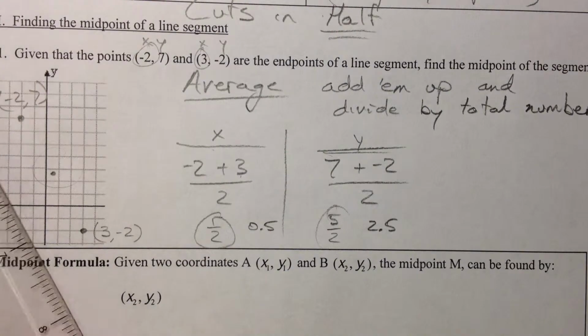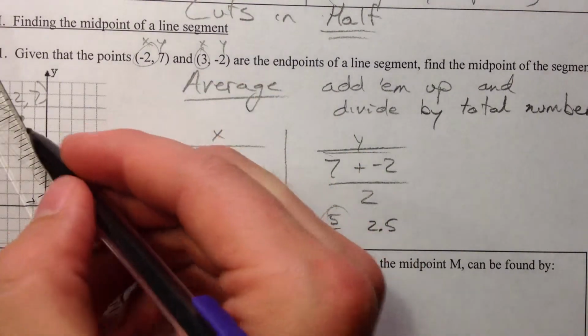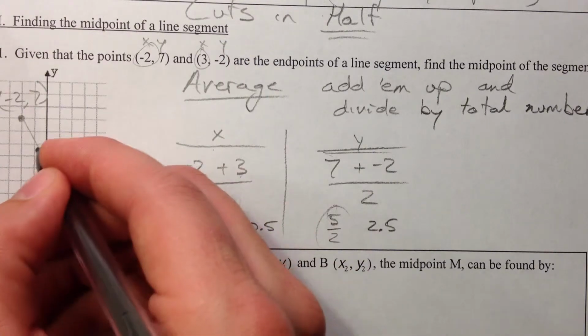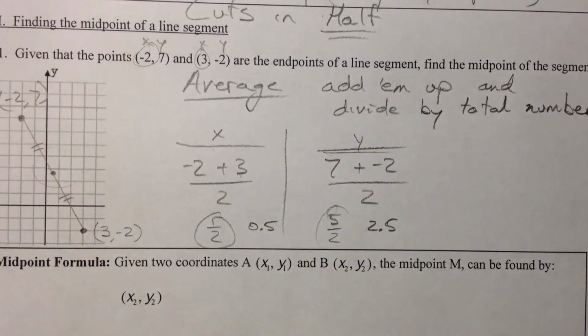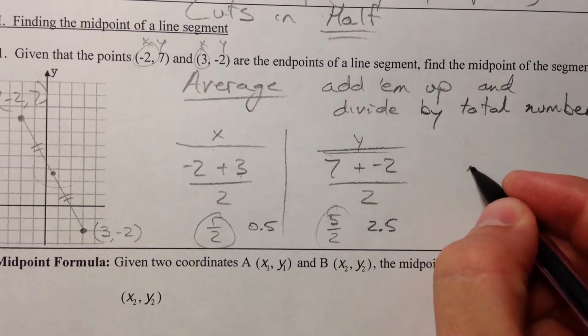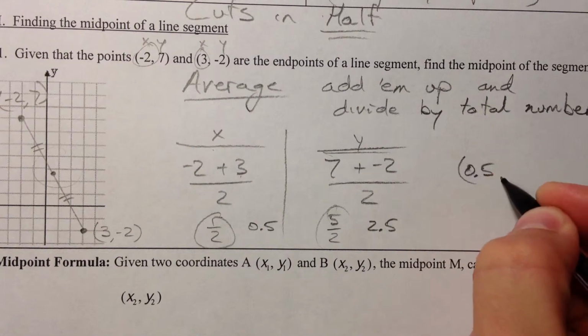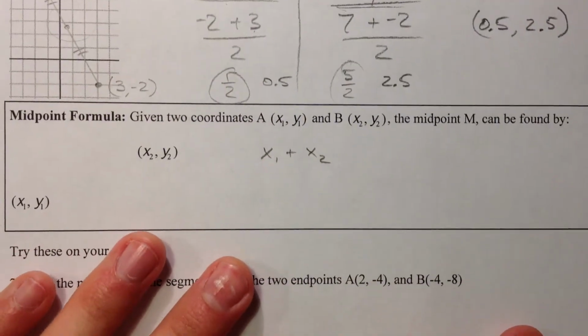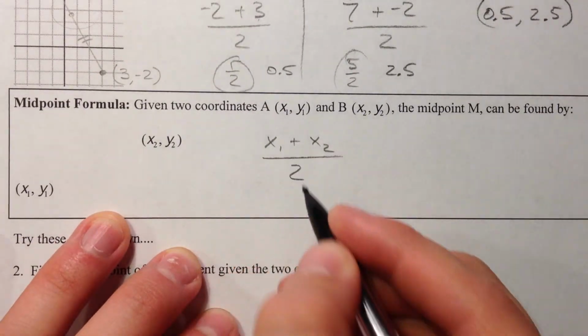And so talking about our midpoint formula, you could see that the midpoint is cutting this into two equal parts. We could mark it as congruent using our segments like that. So our midpoint is 0.5 comma 2.5, and it certainly looks like it's right there in the middle. So what did we just do? We took the x's and added them together, and then we divided by 2.